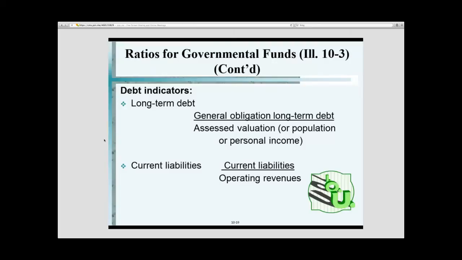Let's take a look at it. 12 months, right? 12 divided into 100 is approximately, let's say about 9% or so, right? So if you got a number here of 9%, that would mean what? You have 1 month of revenues, 1 month of liabilities, or 1 month of operating revenues which represent these liabilities.